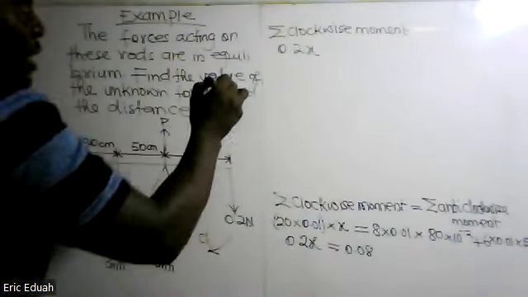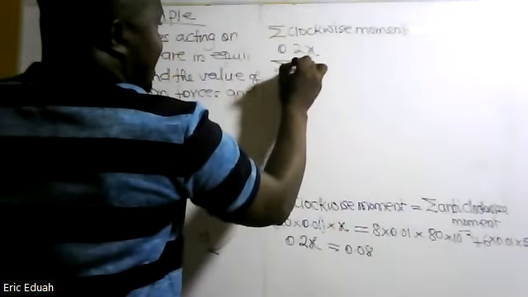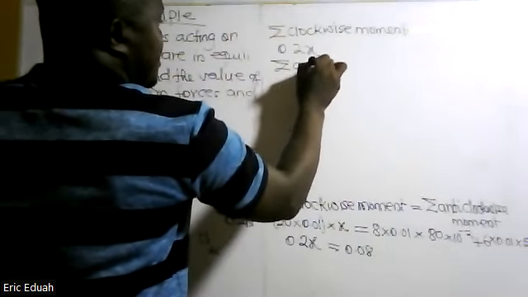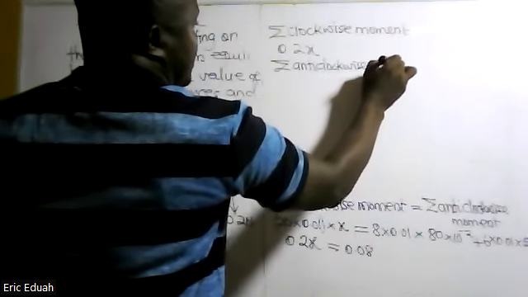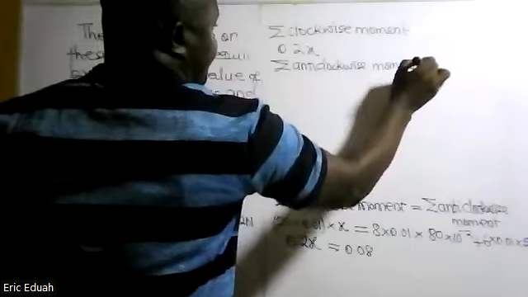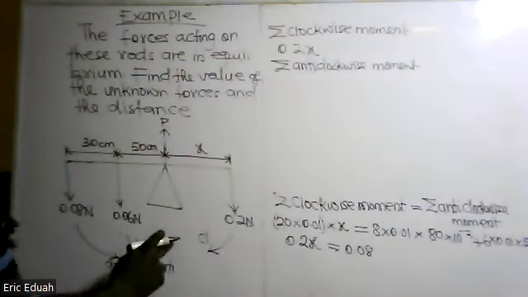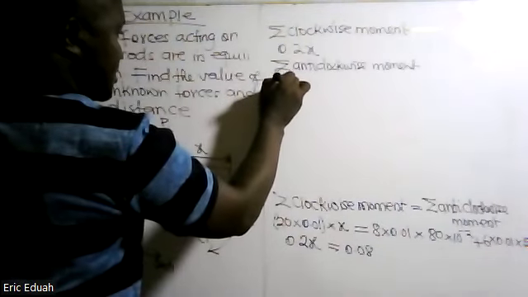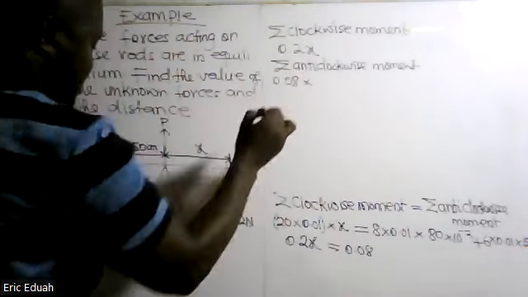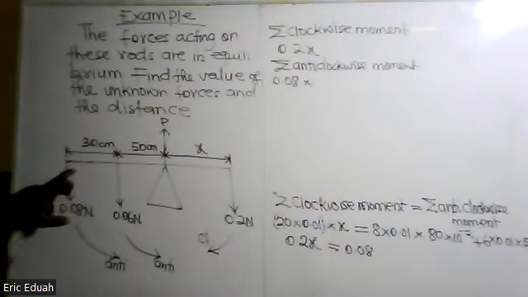Then let's look for summation of anti-clockwise moment. That will give us anti-clockwise: 0.08 times the perpendicular distance.